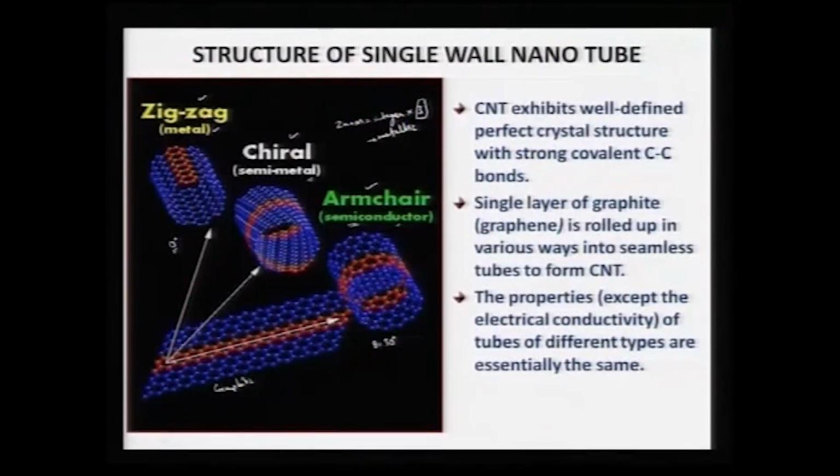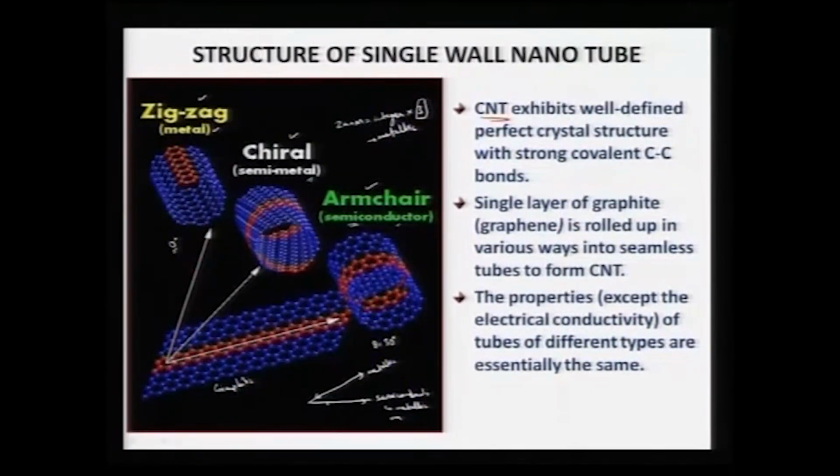So, if the rolling is like this, this particular part will be metallic, whereas this part will be semi conducting to metallic. Along this side it will be metallic, and that basically corresponds to the zigzag structure or the 0 direction, and this corresponds to the armchair type of fabrication, which is semi conducting to metallic.